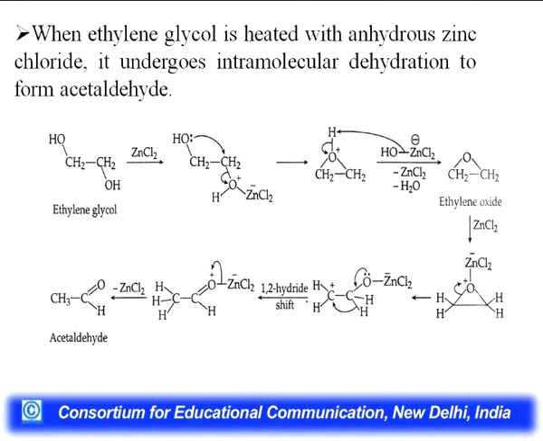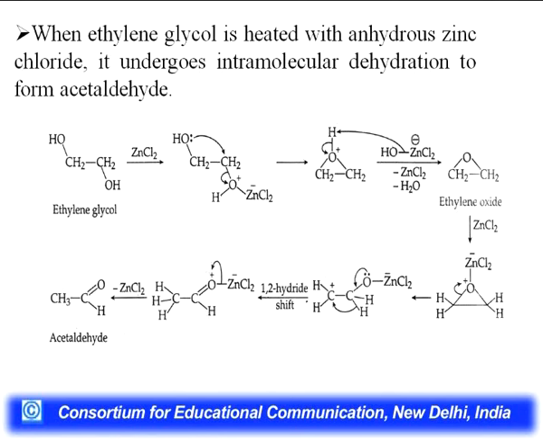You can see what a 1,2 hydride shift is. There is a shifting of a hydride ion from one carbon to the other carbon, that is why it is called a 1,2 hydride shift. And subsequent elimination of zinc chloride will give you acetaldehyde, because you can see in the second last product the oxygen has a positive charge.